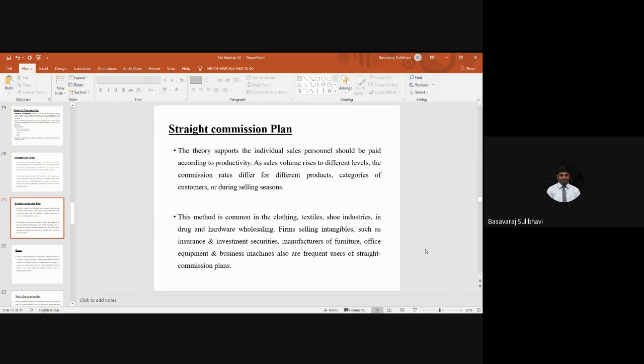These are examples of intangible products which will be given due consideration, because in institutional selling they don't buy often. They will have their own strategy or policies about when they are going to buy it. Fine.